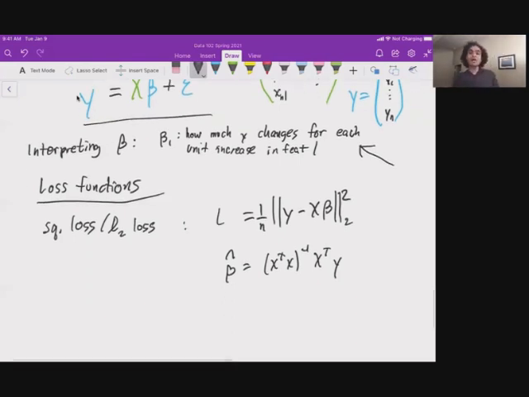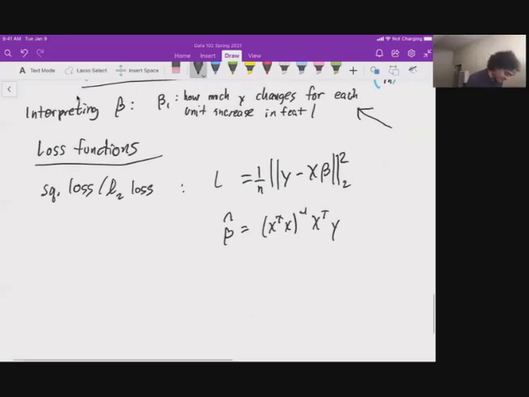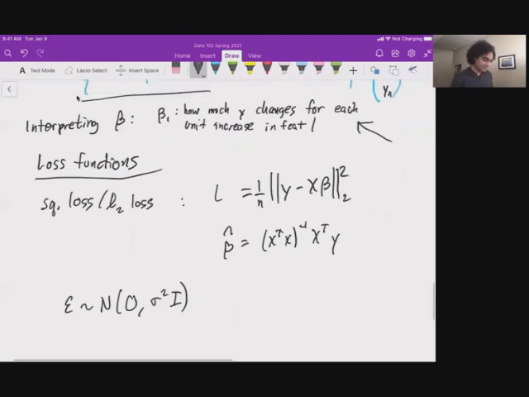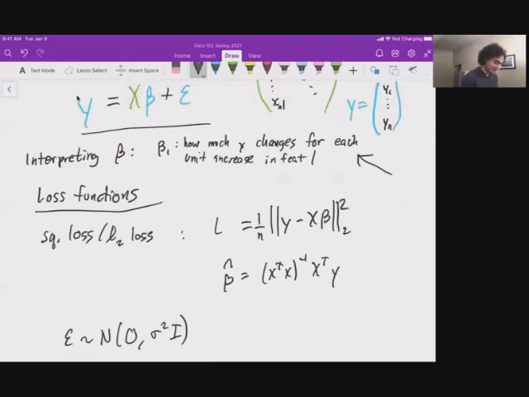Now, this squared loss function corresponds to using a Gaussian likelihood for the data. This corresponds to saying that epsilon has a normal distribution with mean 0 and variance sigma squared I. Why am I putting an I in there? Because epsilon is an entire vector of errors, not just one.